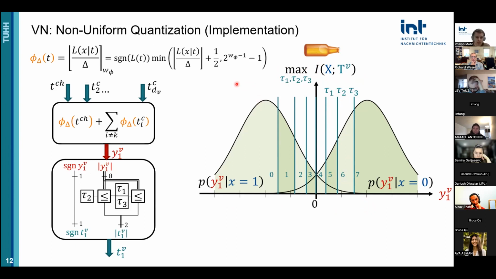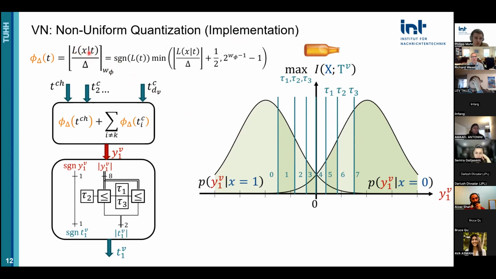And now we are looking at an implementation of such a mutual information maximization update. Instead of using real valued numbers, one would rather use scaled integers with a limited internal bit width to keep the hardware complexity not too high.